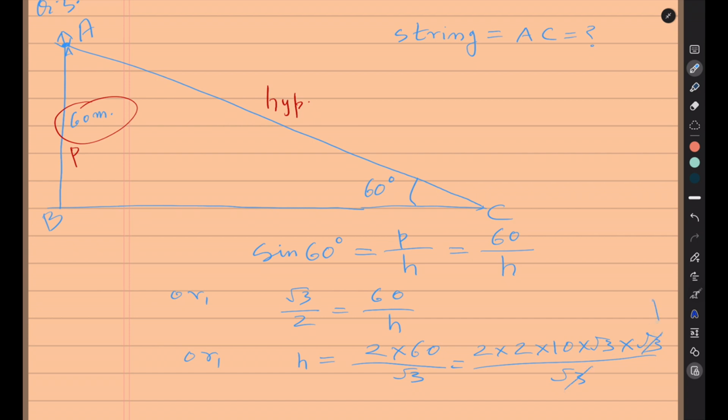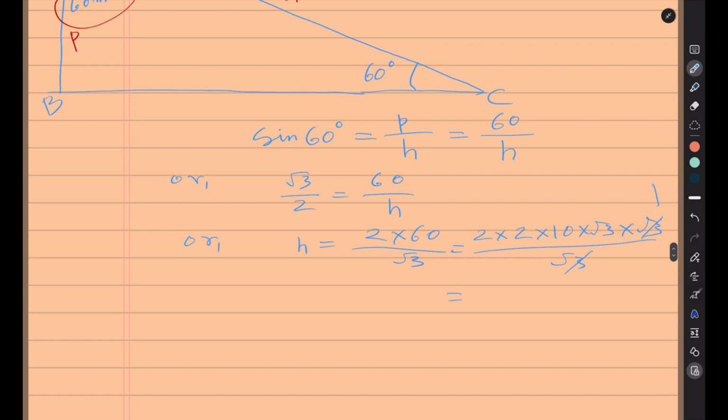So that we can just take out the common factor. So here 40, we get 40 root 3 meter as the length of the string. Let us take up next question.